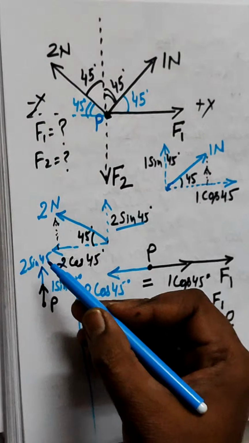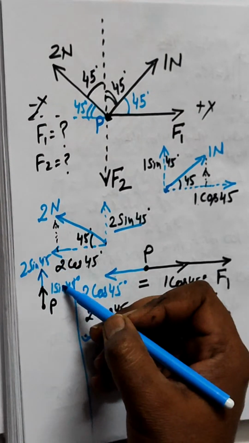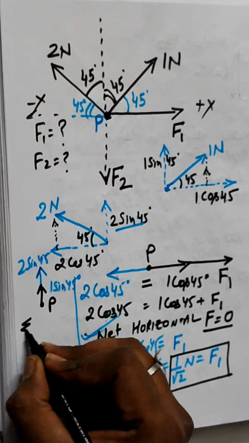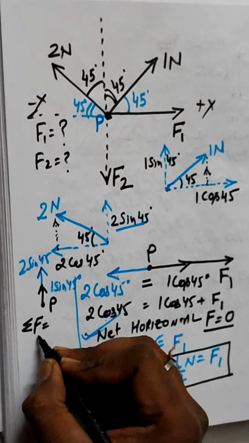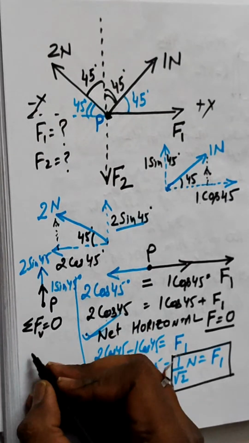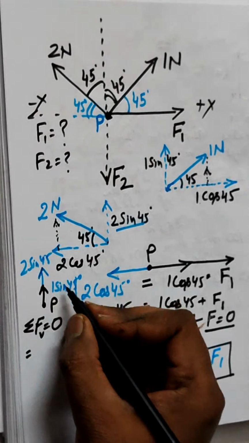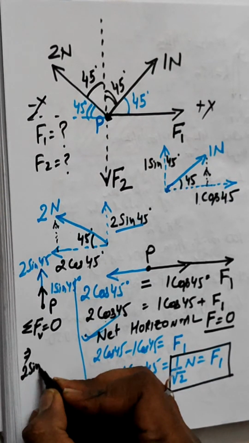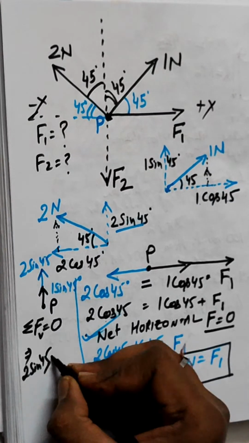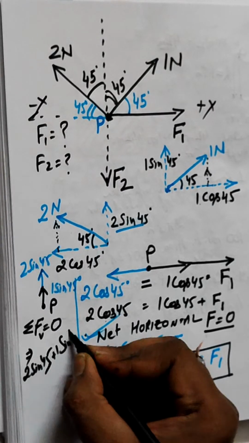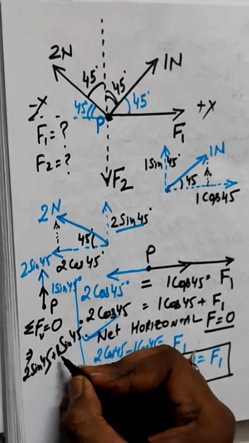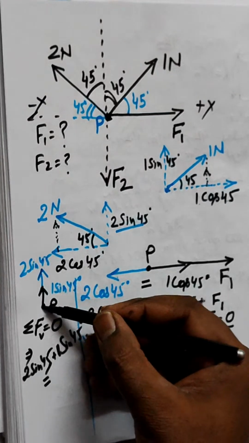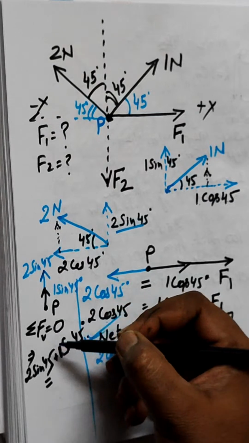right? So both these forces will add up, since the net vertical force is equal to 0, we can say that 2 sin 45 plus 1 sin 45 will be equal to the total net force acting downward.